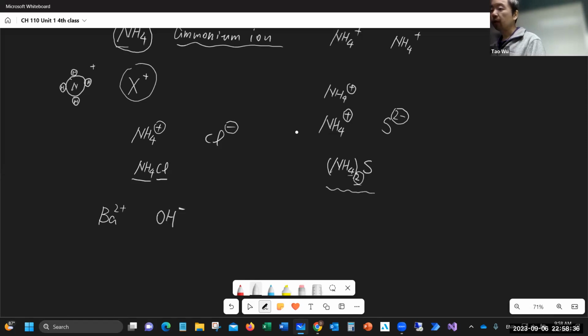Hydroxide ion. So we have a barium ion, which has 2 positive charge, and we have a hydroxide, which is one negative. And remember, the 1 negative charge is not just on the hydrogen. It belongs to the whole particle. So we should have 2 hydroxide ions to balance the barium.